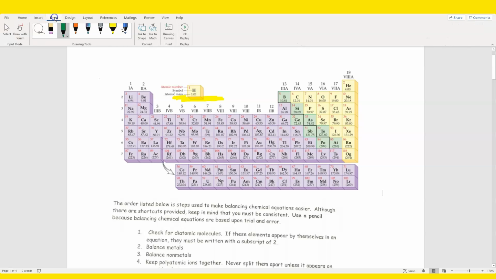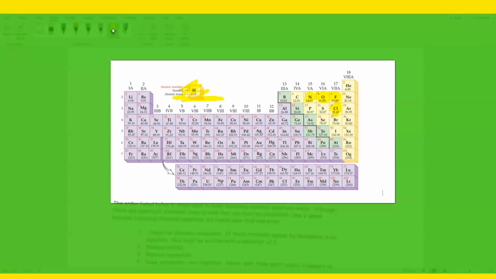All right, so let me go ahead and go back through this with you guys. I felt it was better for me to explain how all of this works by showing you. So the elements on your periodic table that are diatomic, I'm just going to go ahead and highlight them. There's hydrogen right here, okay? Then you have nitrogen, oxygen, fluorine, chlorine, bromine, and iodine.